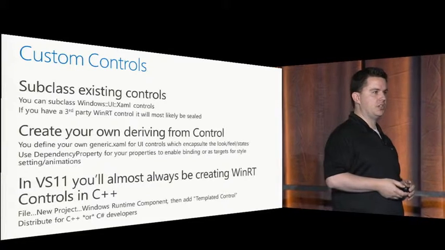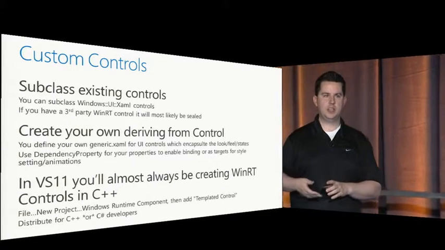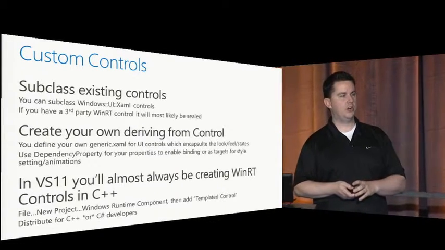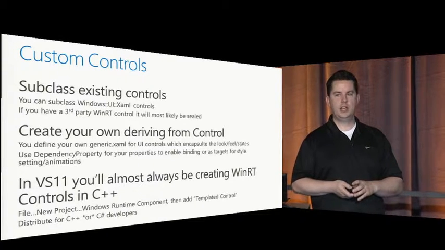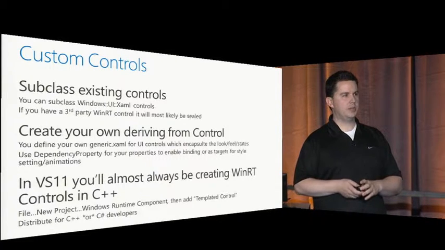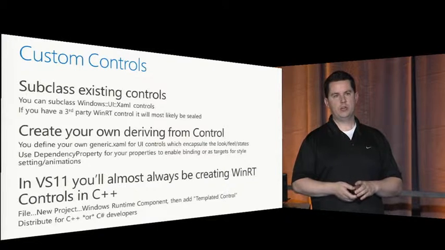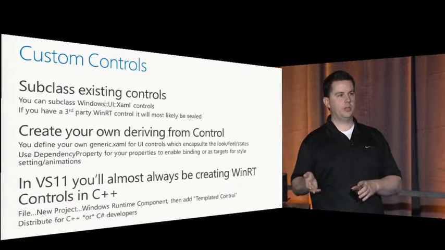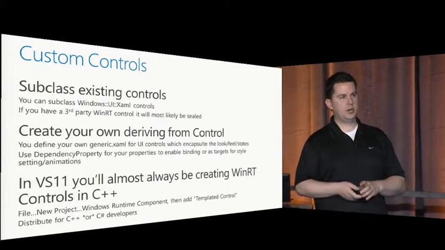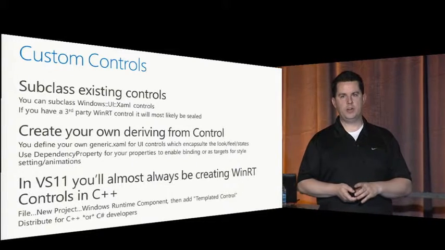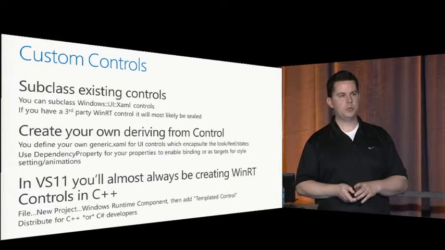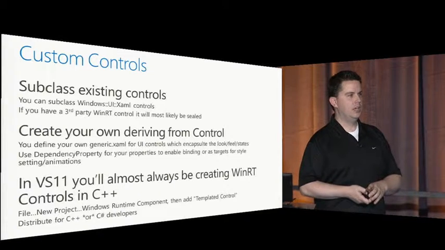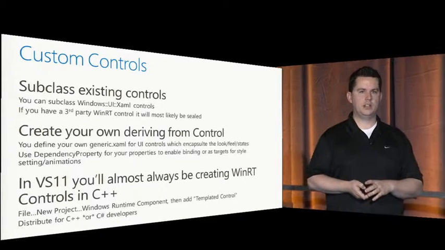In C++, you get the benefit that because XAML is a WinRT type system, everything that you're creating will be a Windows runtime component, so your controls in C++ become instantly reusable, not only in your own projects, but by other people as well as C# developers. So if you're a component vendor looking to get the most breadth out of your control, using C++ is a good way to think about that.